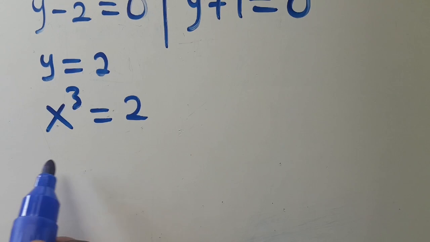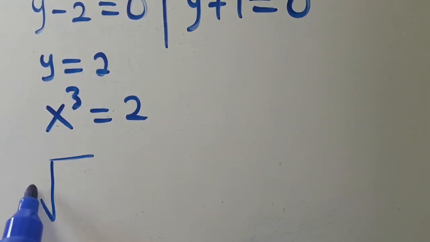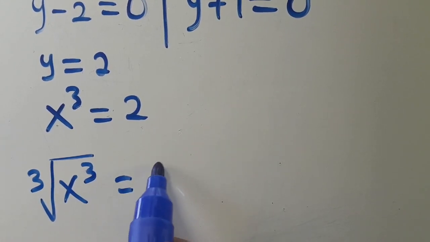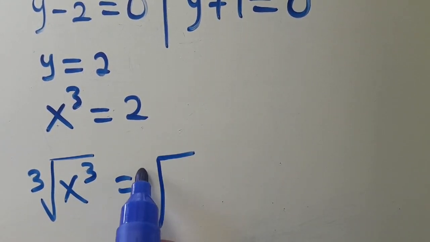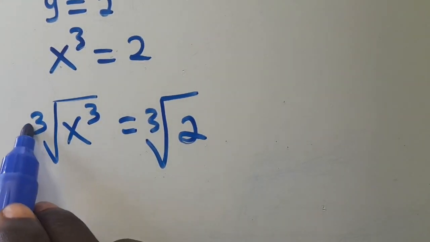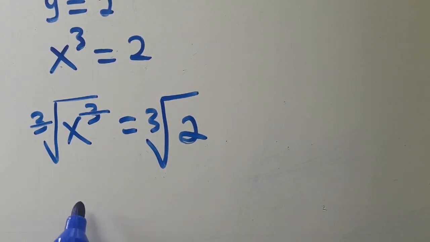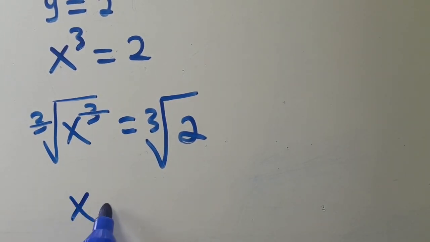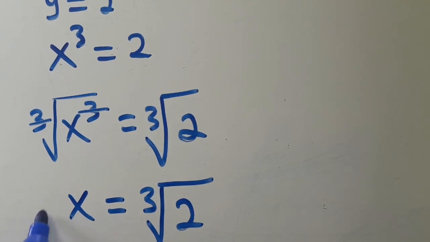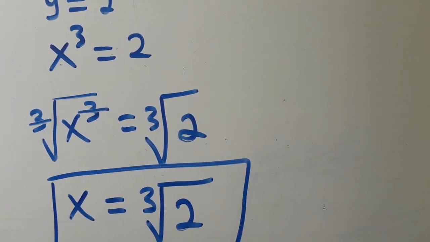So we have the cube root of x to the power of 3 equals the cube root of 2. So from here, this and this, we cancel. We have our first solution as x equals cube root of 2. This is our first real solution.